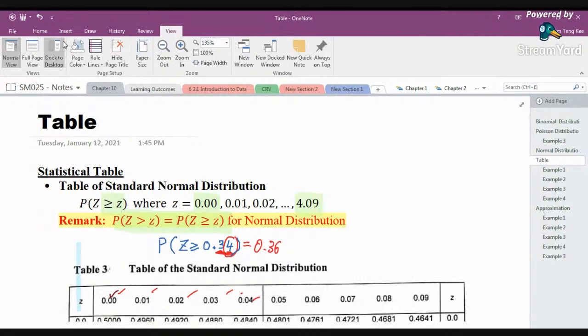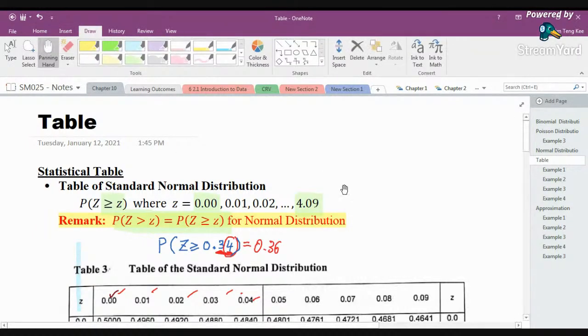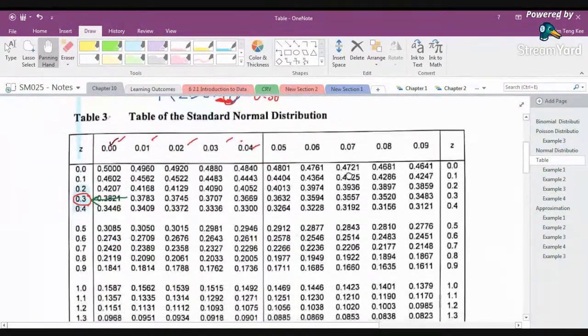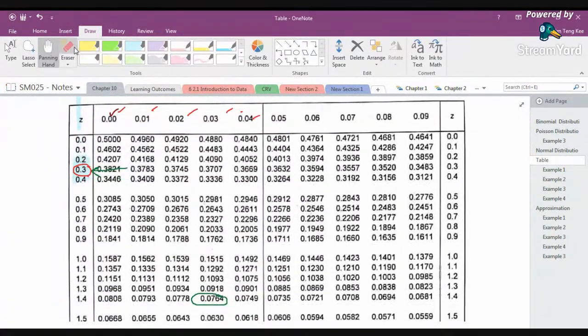We would like to have 0.3783. You will find that the part where I have 0.3783 refers to this region here, the exact value. And this corresponds to 0.31 according to the table.